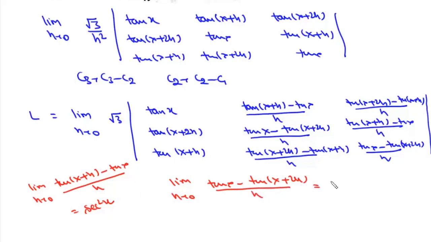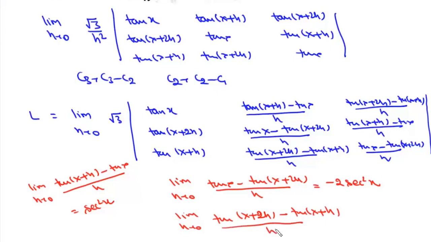If we differentiate this, we'll get this as minus 2 secant square x. And finally this third one, limit h tends to 0, tan x plus 2h minus tan x plus h upon h, and we differentiate and put h as 0, we'll get this as secant square x.